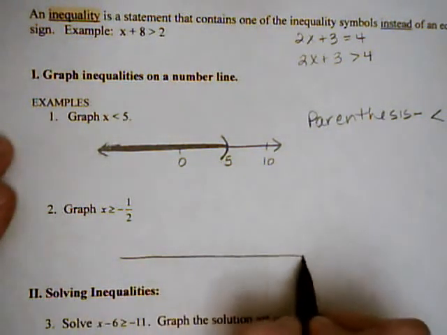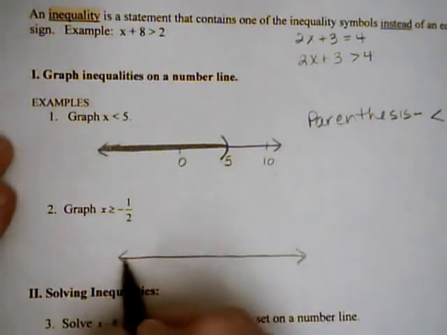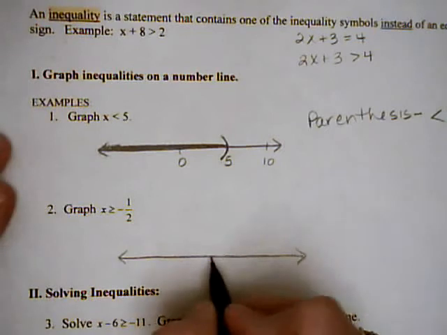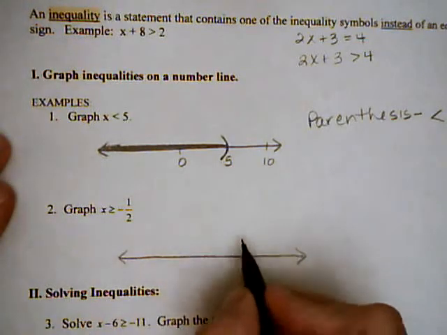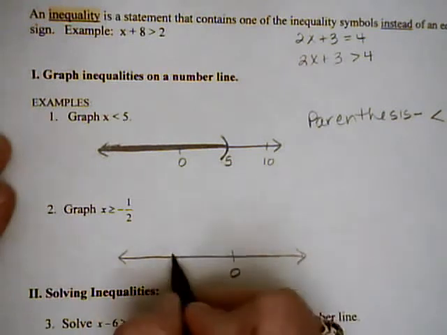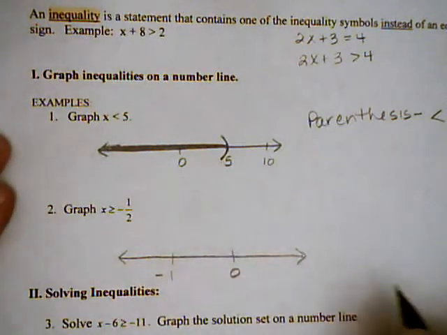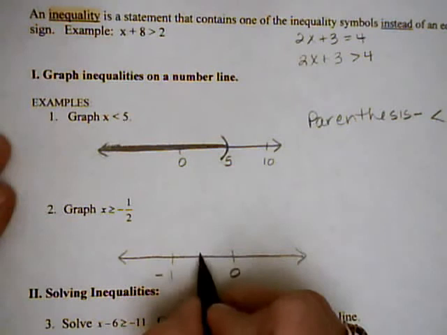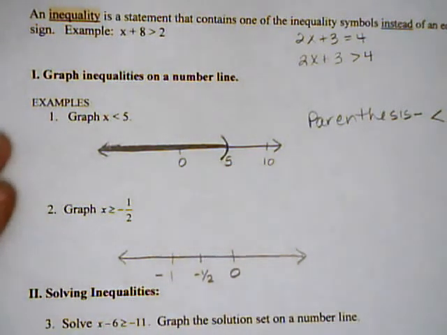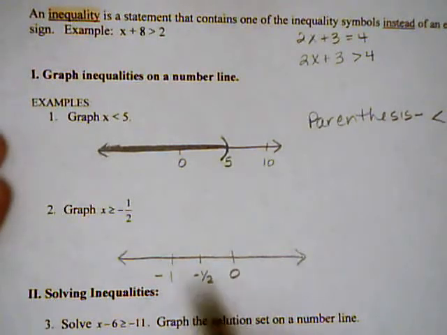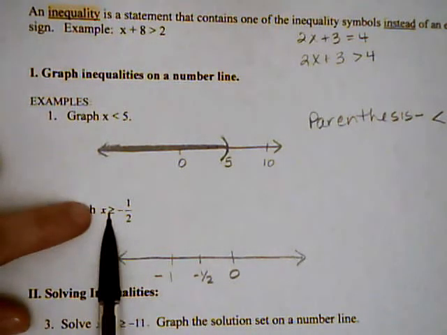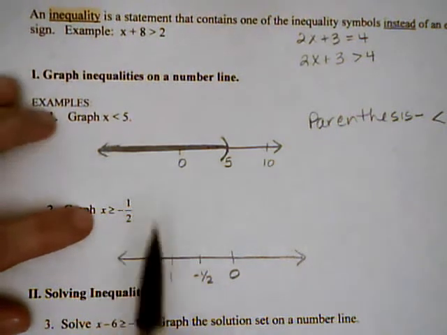Number 2 says to graph x is greater than or equal to -1/2. Again, on my number line, I'm not interested in you writing every single little tick mark. But where would -1/2 fall between 0 and -1? It would be right here in the middle. Remember, our negative numbers are to the left of 0, and they count down. So this says x is greater than or equal to -1/2.